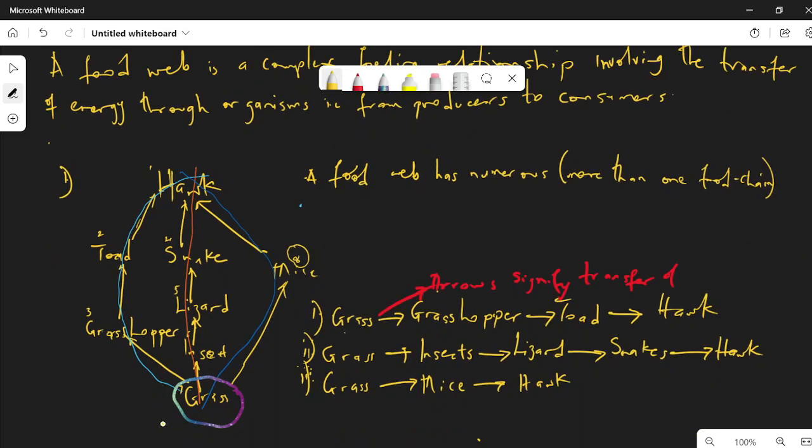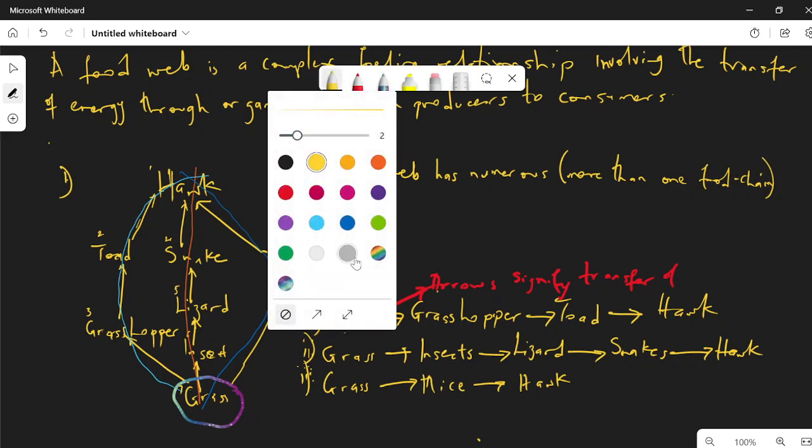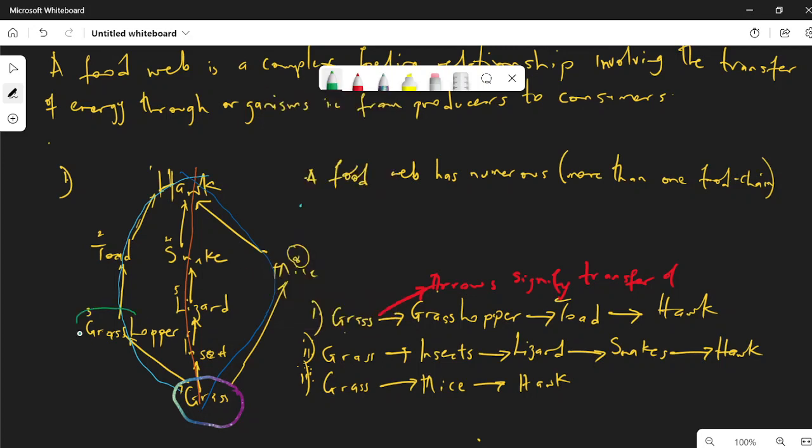In this food web here, we have grass as our producer, and we have at least 3 organisms feeding directly on the producer. Let us quickly single them out. We have grasshopper, we have insects, and we have mice.